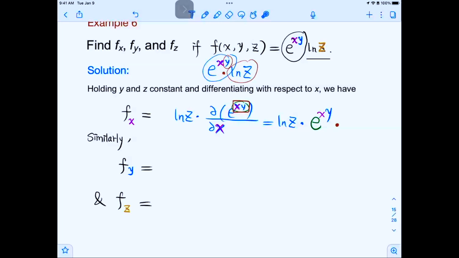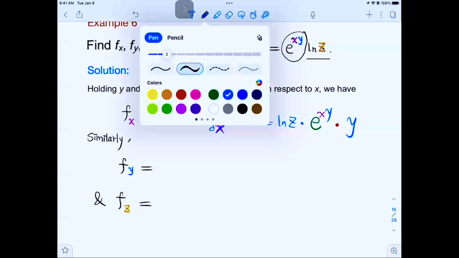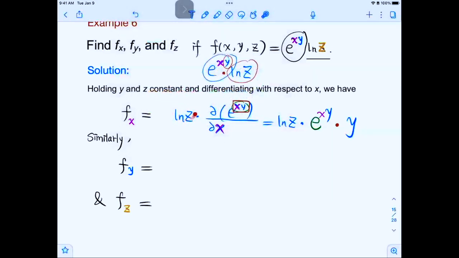That will be y, right? Yeah, so it's y. Okay, so first you use the constant multiple rule. Because you multiply by this constant, you bring it in front, and then you take the partial derivative of this with respect to x. But this is e to this function of x, so you have to use the chain rule. So it will be this exponential function itself, e to the xy, and then multiply by the derivative of this inner function with respect to x, which is y. So this is how you got this, right?